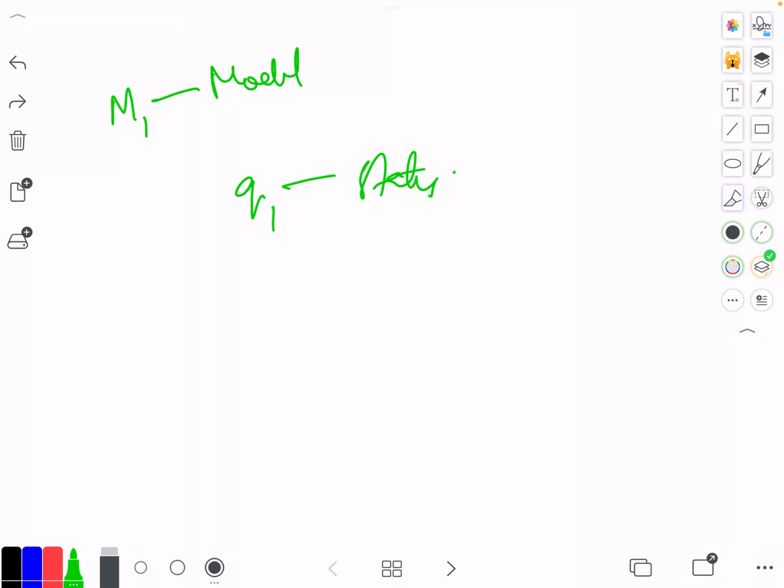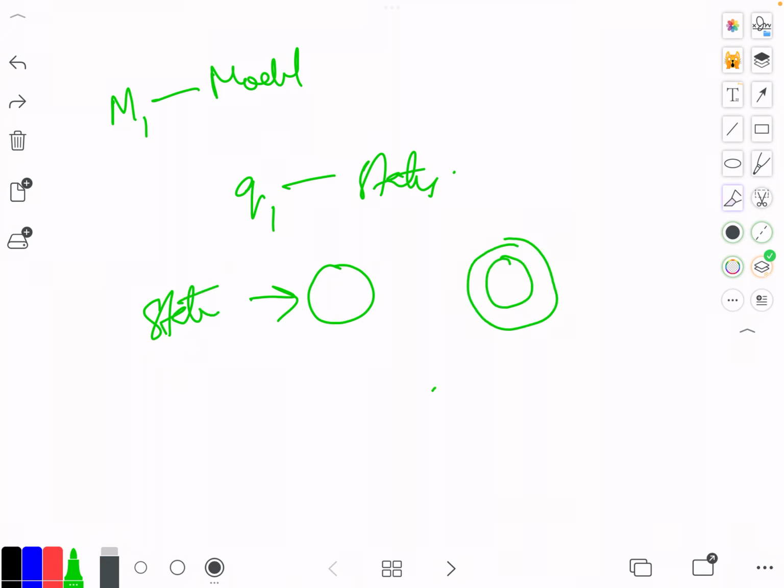You can say this circle is a state, and a circle with a double border, you can say is an accepted state.